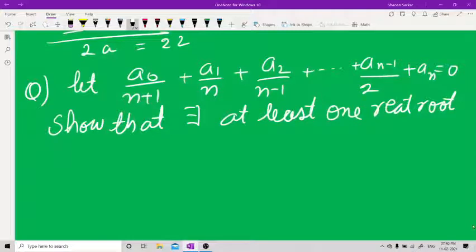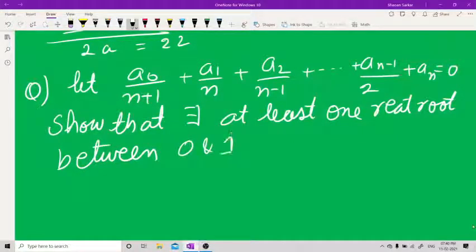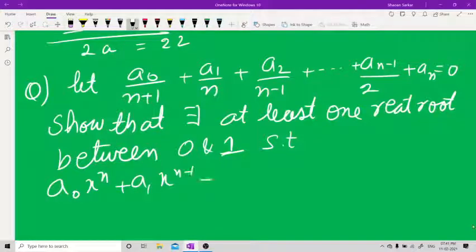root between, okay, wait, let's write the shortcut, between 0 and 1 such that a naught x to the power of n plus a1 x to the power of n minus 1 plus so on and so forth plus an is equal to 0.